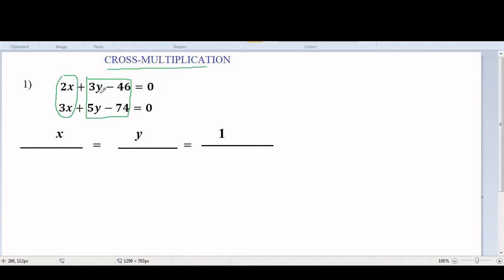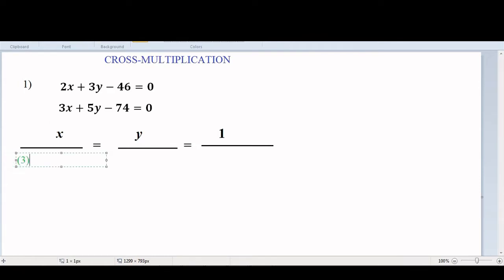Simply multiply crisscross way, that is 3 multiplied by minus 74 and 5 multiplied by minus 46, just like this one. And between them you have to give a minus sign like this. Just like this you have to solve.